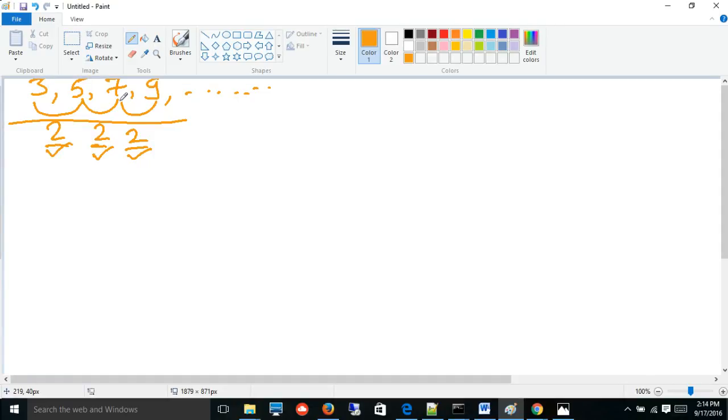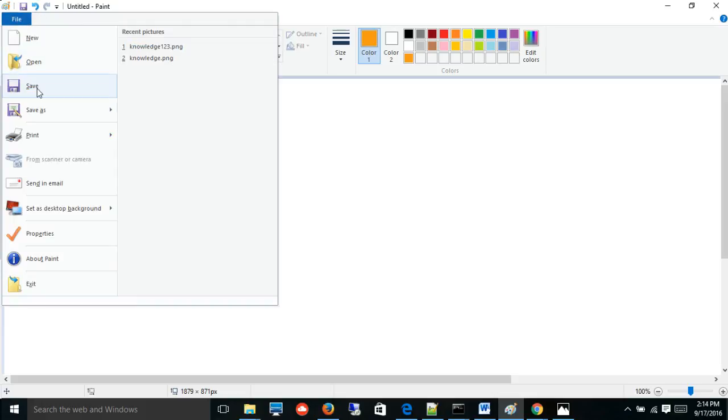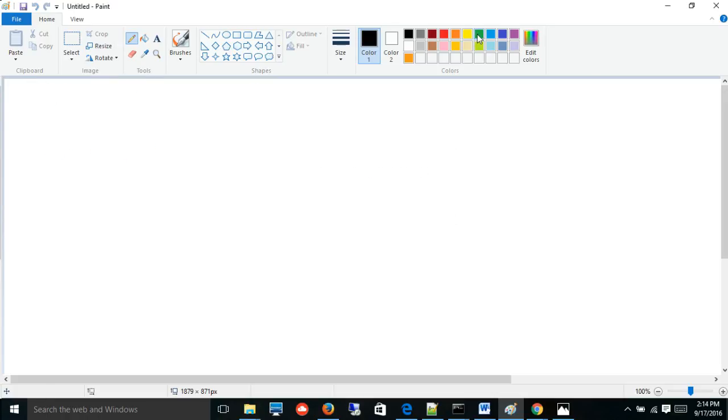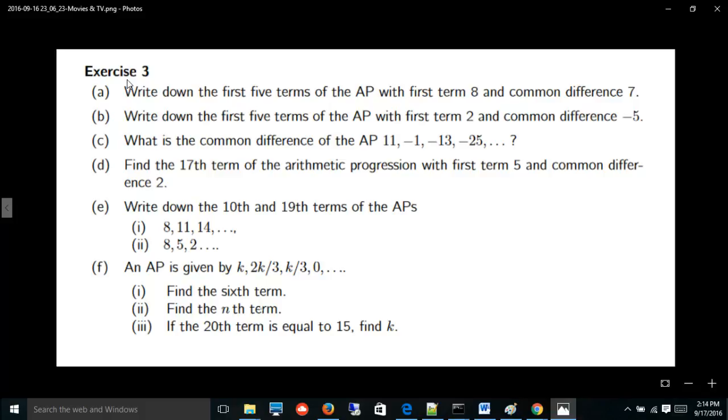So I will start the exercise today. The exercise has 6 questions: question A, B, C, D, E, and F. I will try to explain each question, and wherever questions repeat the same kind, you can continue by yourself.